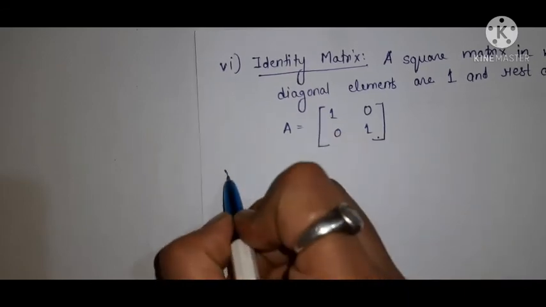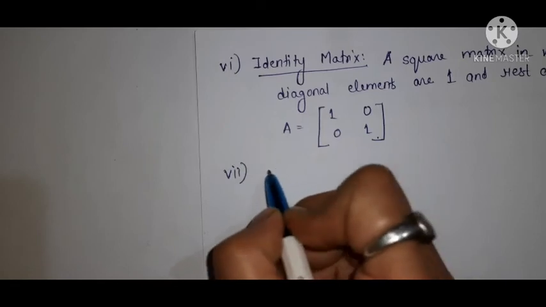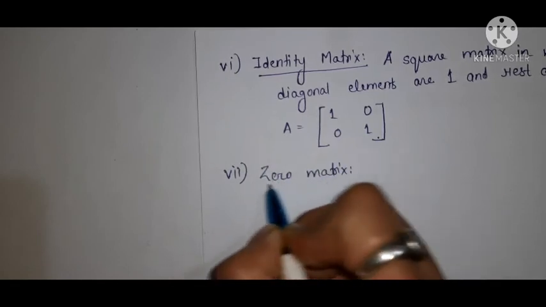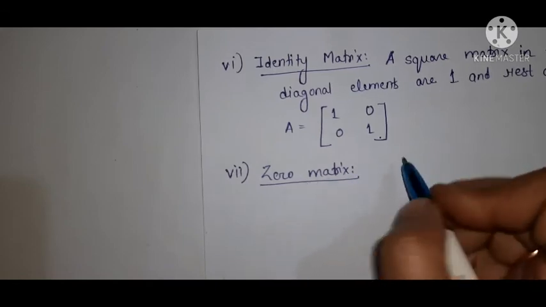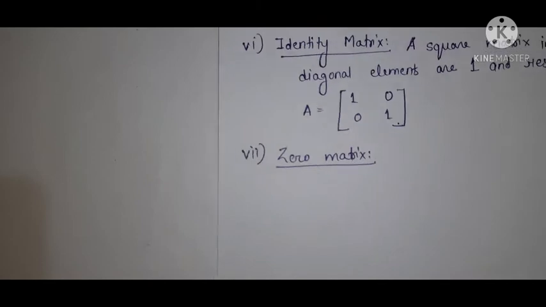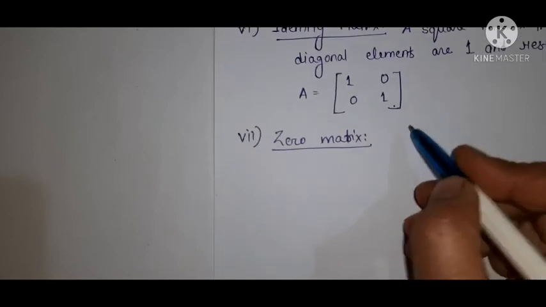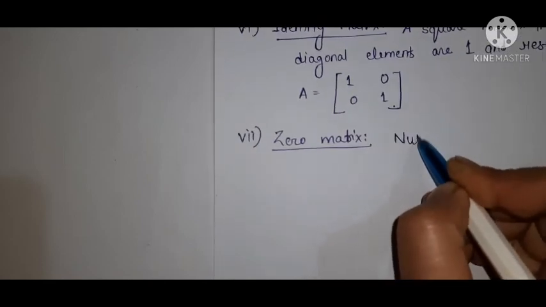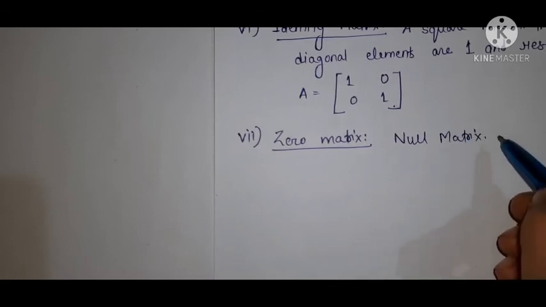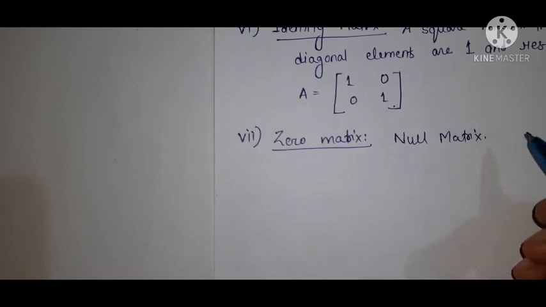The last one is your zero matrix. So from the name it is clear that it is also called null matrix. Means the matrix in which all its elements are 0.